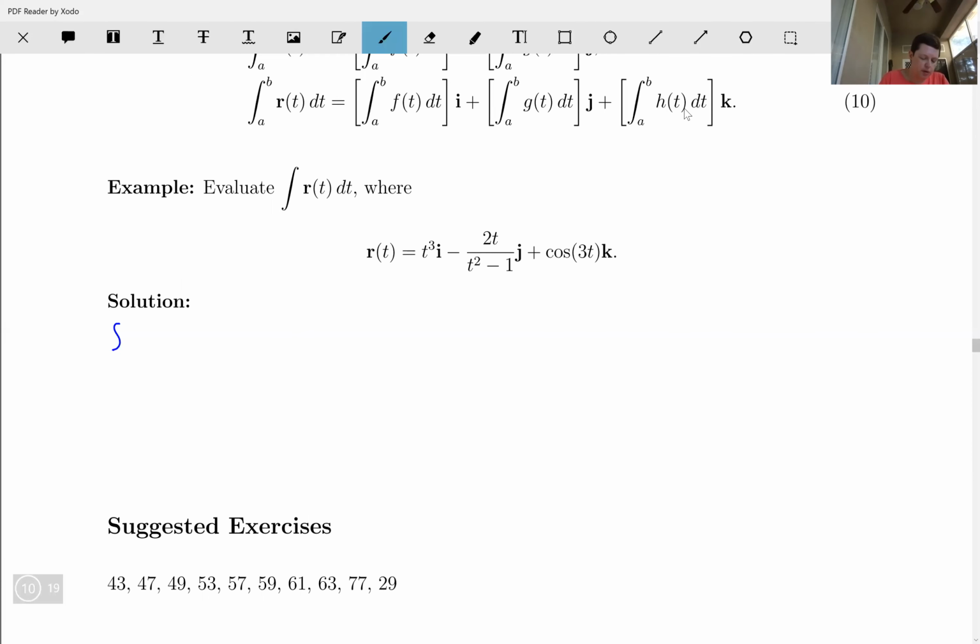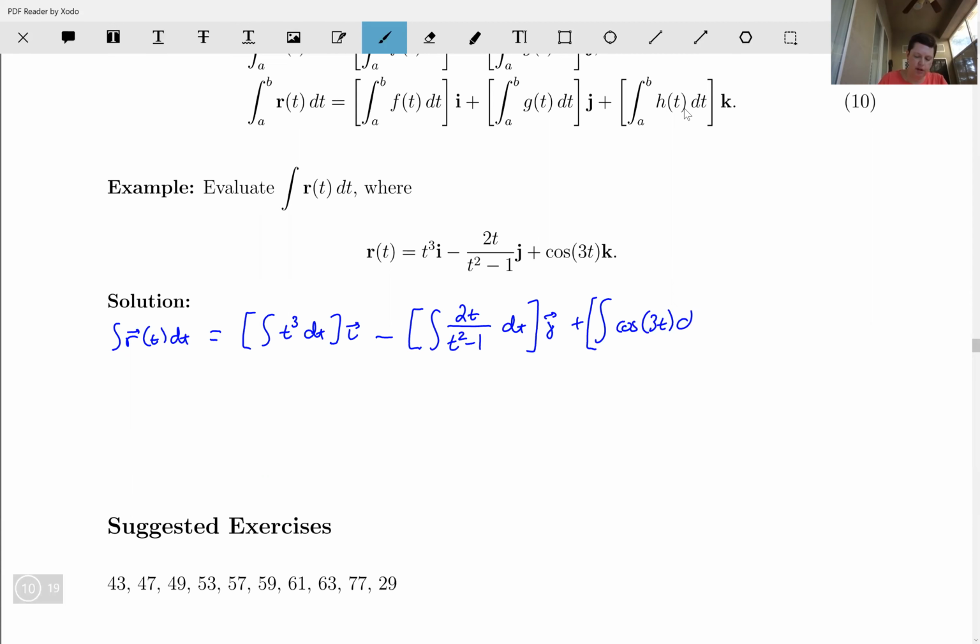So to compute the integral, we are looking at the integral of t cubed dt times i minus the integral of 2t over t squared minus 1 dt times j plus the integral of cosine of 3t dt times k plus our arbitrary constant vector.